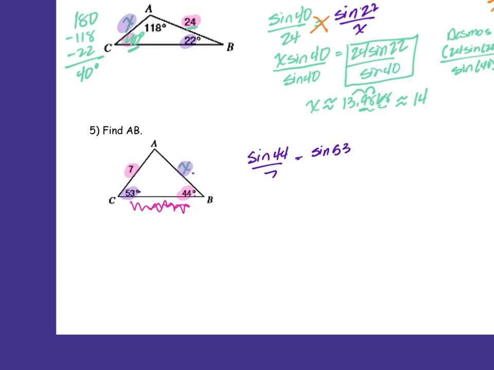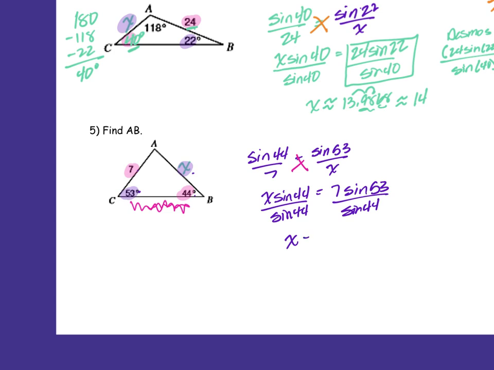Sine of 53 over x. Cross multiply, and I get x sine of 44 equals 7 sine of 53. And then I'm going to divide by sine of 44.